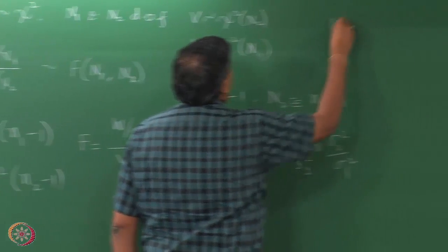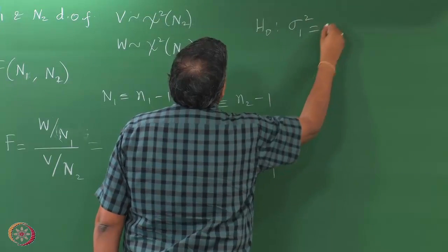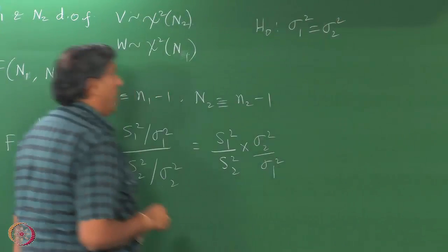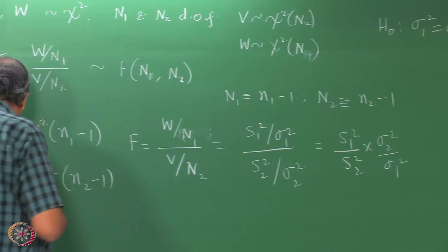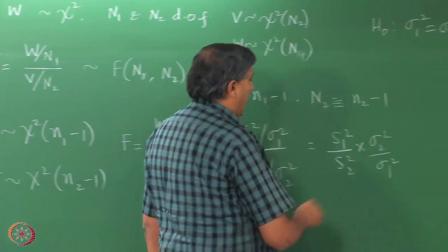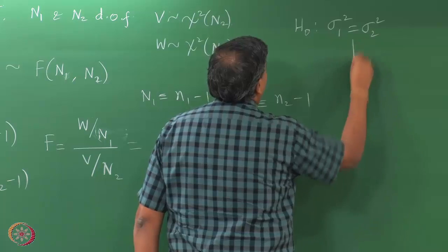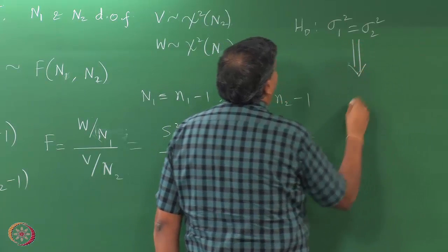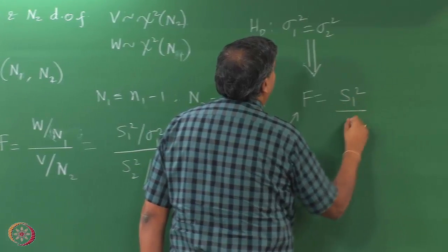H naught is that sigma 1 square equals sigma 2 square, and we conduct the hypothesis test anchoring ourselves to this truth. When this is the case, this F becomes S1 square over S2 square.